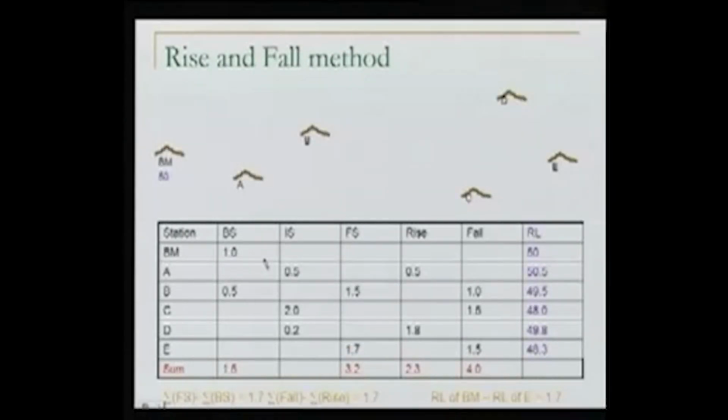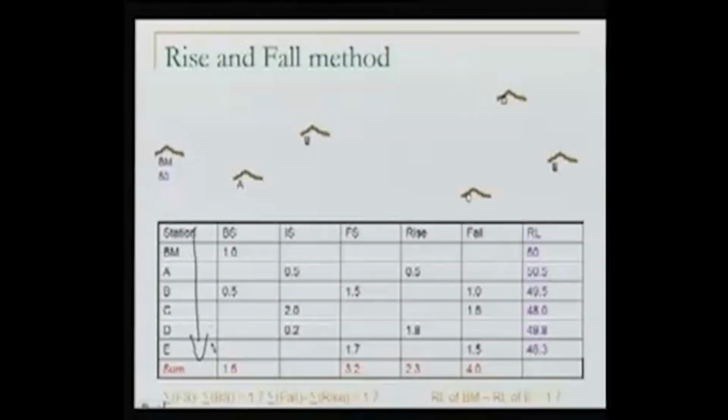Now in this case, the way we make the table is the same: our stations are written here, backside, intermediate side, foresight, and instead of height of instrument, we write rise and fall, and finally the reduced level. I have not included the final column, which should be for remarks, but that column will be here.